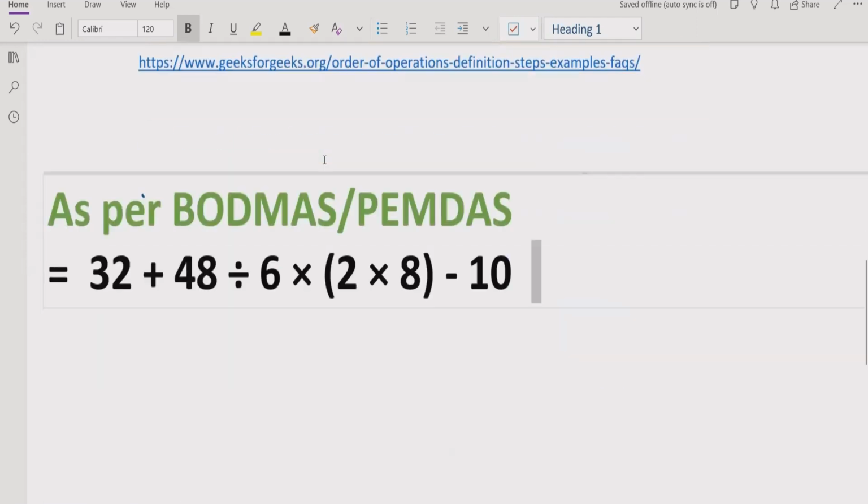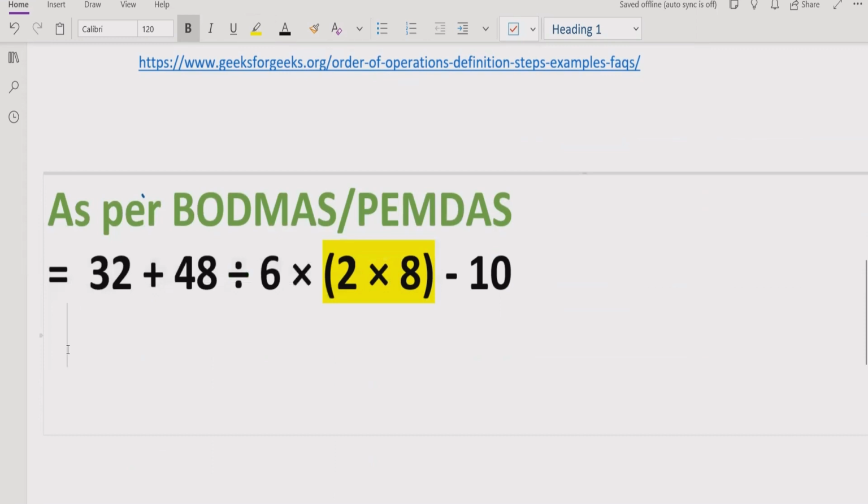Now move forward. In our expression, as you can see, we have the bracket first. So we have to solve this part first, because as per the rule, we solve the bracket first. We will solve this part and write the other part as it is.